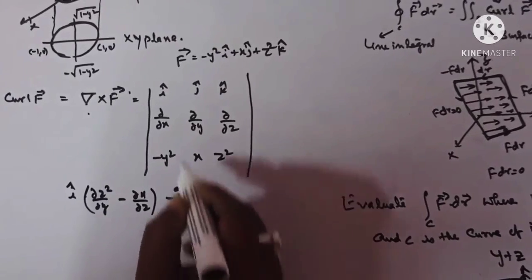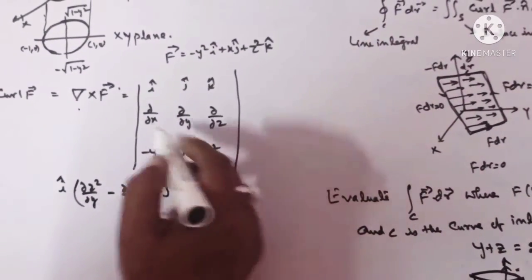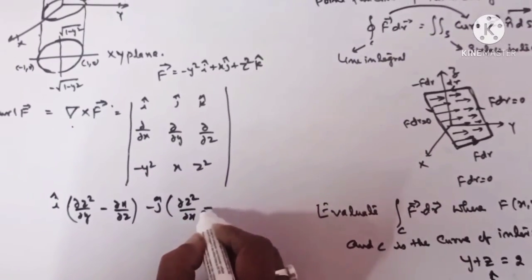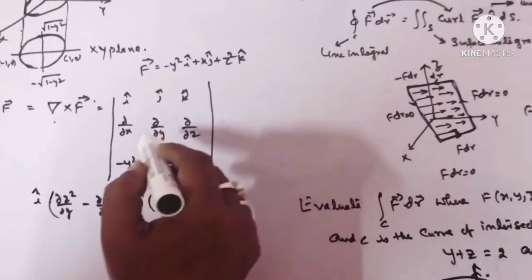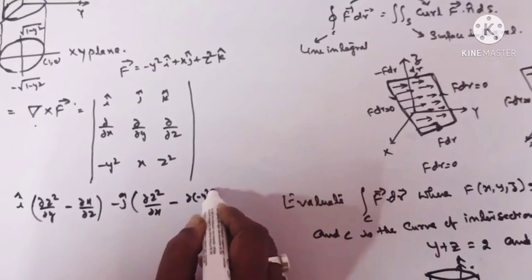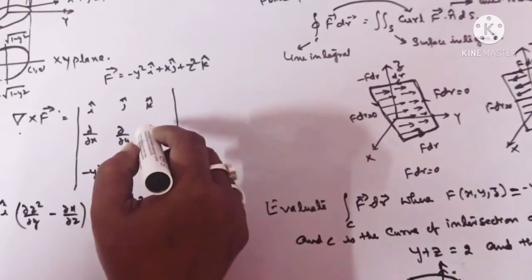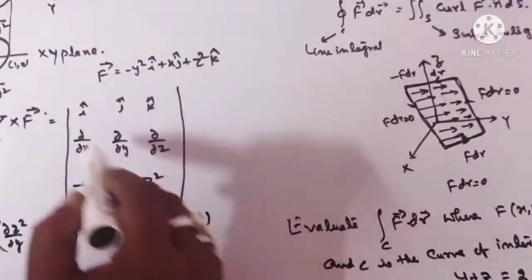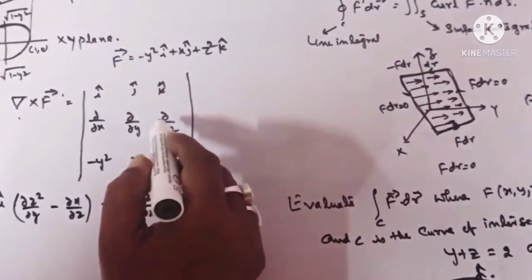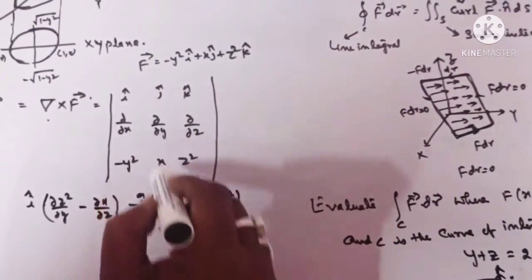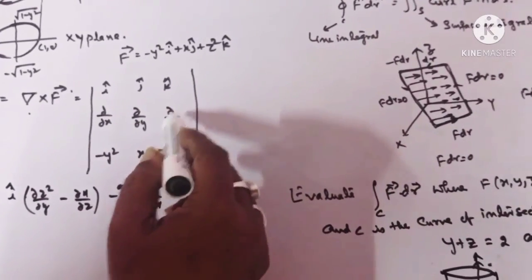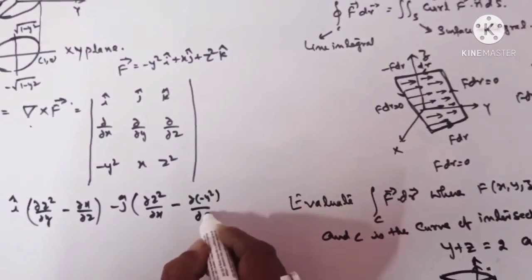Again, minus j cap, del z square by del x minus del minus y square by del z.